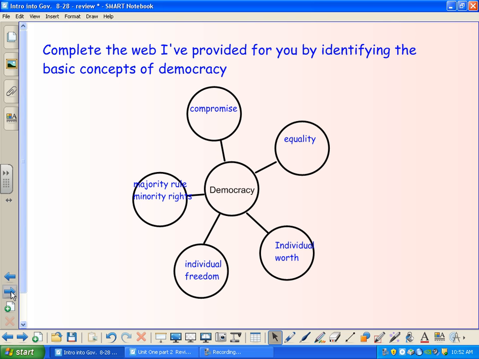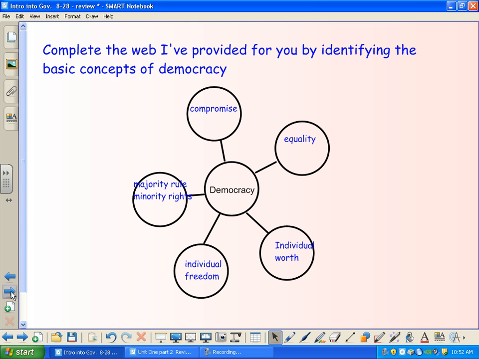Individual freedom means that each individual has freedoms, and they are to be protected by your government. And finally, majority rule, minority rights. Majority rule is the idea that in any kind of election or opportunity to speak your voice, the majority generally rules. However, the majority rule should be respectful of minority rights.